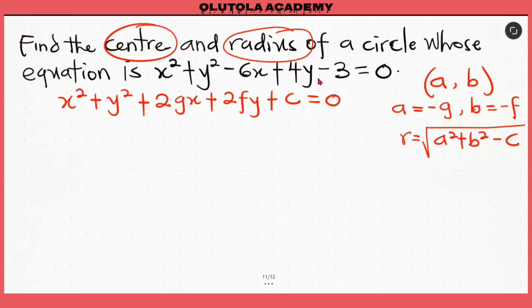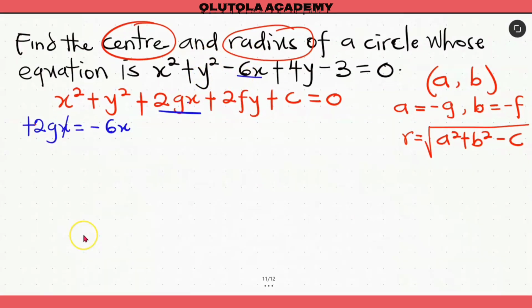So I'll compare the general form of the circle with this equation. You can see this is compared with this, this with this, and this with this. When I do that, I have positive 2gx equals negative 6x. You can see why we are comparing these two, because they both have x.